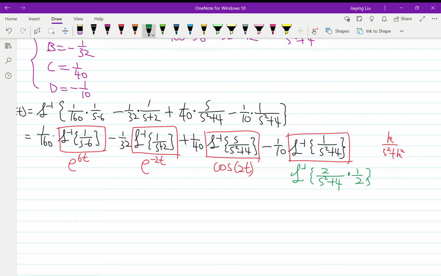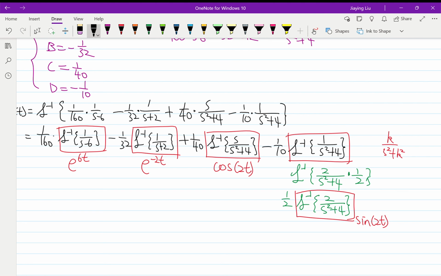So this half can go to the front, becomes half inverse Laplace of 2 over s squared plus 4. So that's why we have an extra half from this part. At least that's how I understand it. And then we can multiply with negative 1/10. And we already talked about that this part is just going to be sine 2t. So we have half sine 2t.